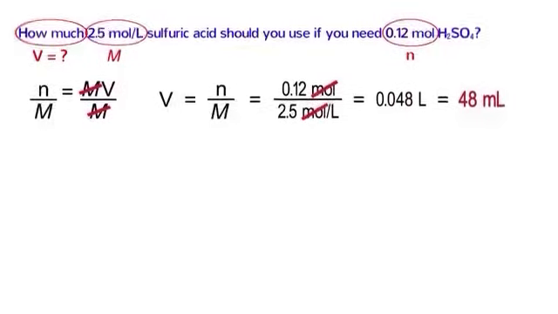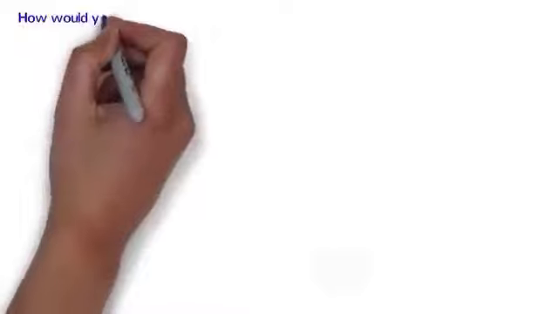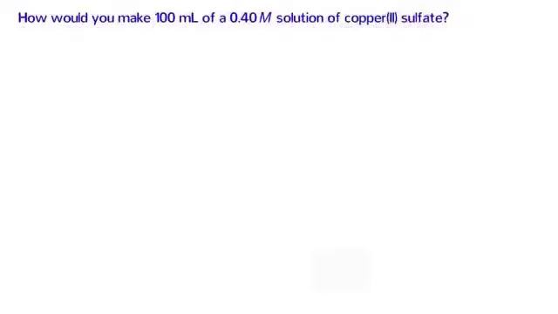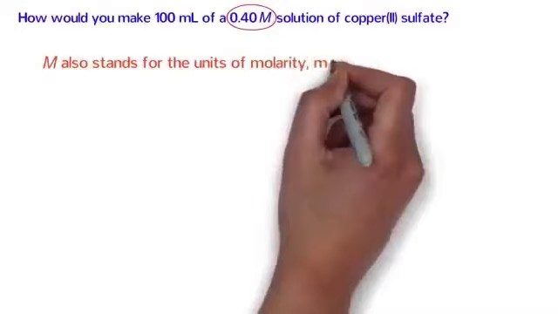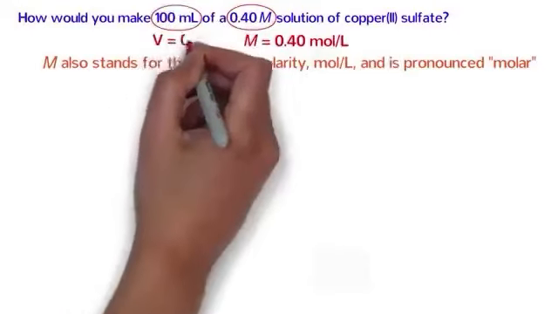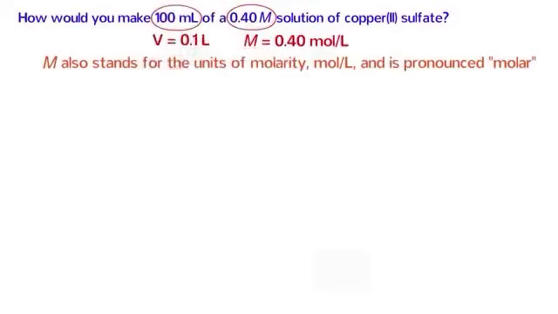Let's try another question. How would you make 100 milliliters of a 0.40 molar solution of copper 2 sulfate? You have the molarity as 0.40 molar, or moles per liter, and the volume as 100 milliliters, which is the same as 0.1 liters.